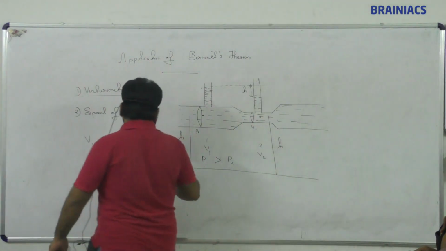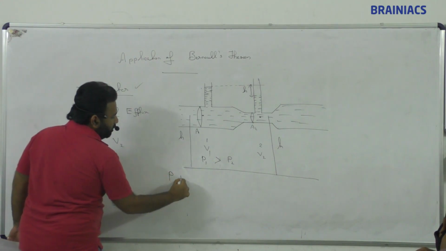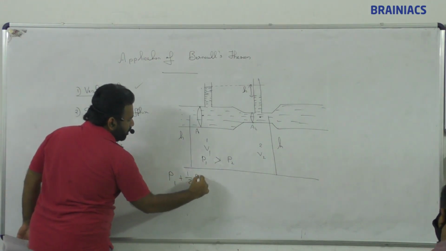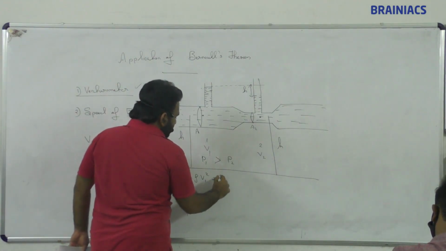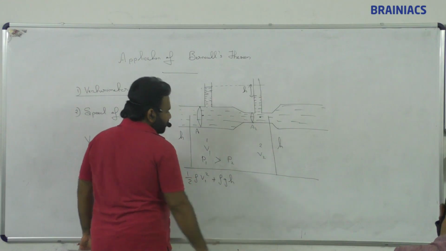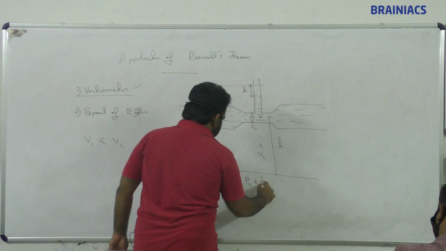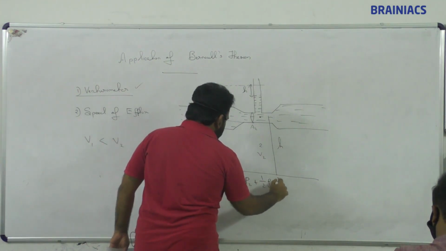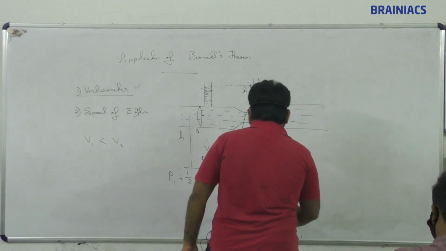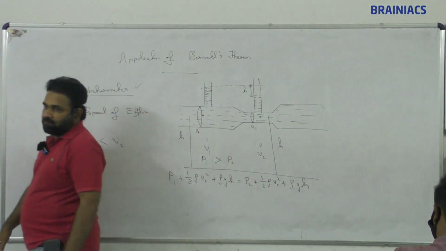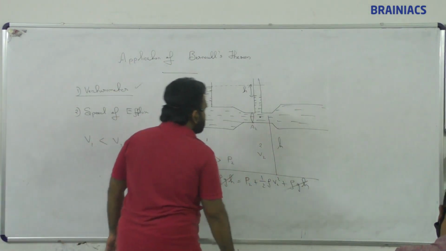Here if I write Bernoulli's theorem: pressure 1 plus half rho V1 square plus rho G H is equal to P2 plus half rho V2 square plus rho G H again. So rho G H can be cancelled off.